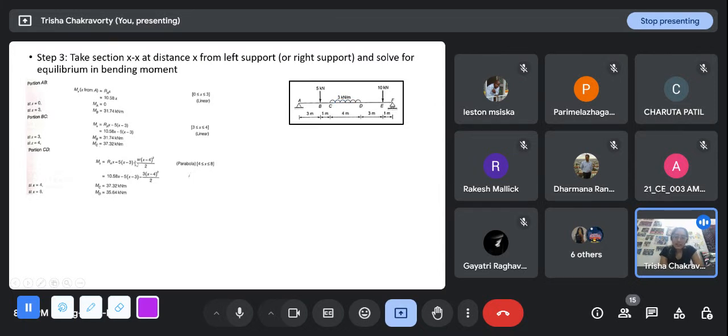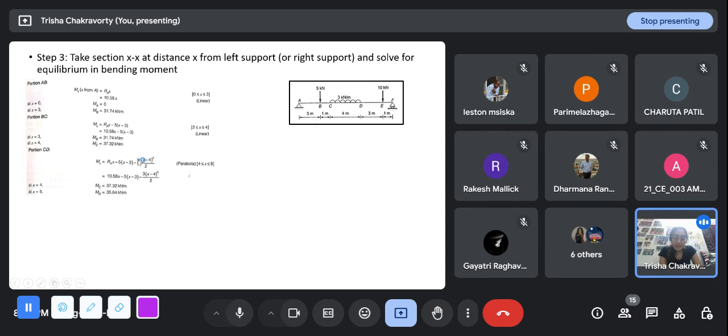So what it comes to is W into x minus 4. Firstly, x is the total distance. This 4 is not relevant to us. So W into x minus 4 is the magnitude of force I have encountered so far. And I am taking it lumped at the midpoint of that x minus 4. So this is x minus 4, and the distance of my midpoint from the point I'm considering it about is x minus 4 by 2.